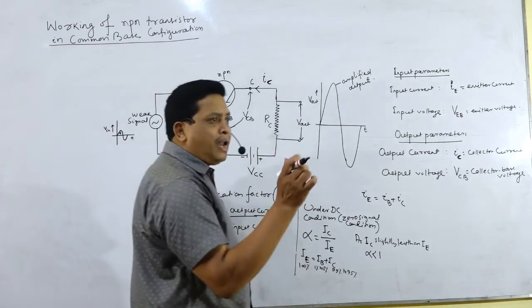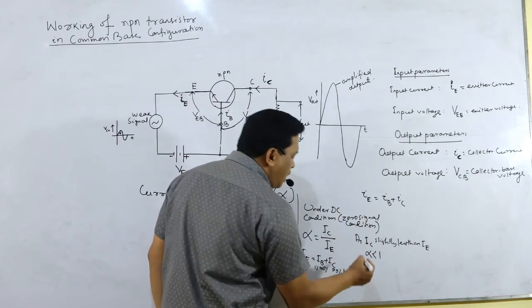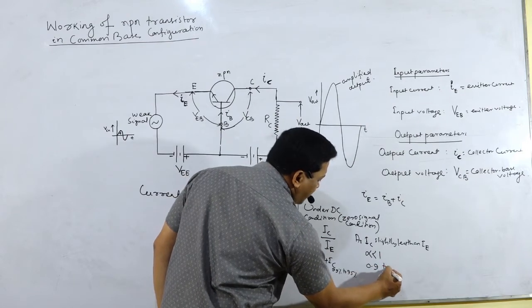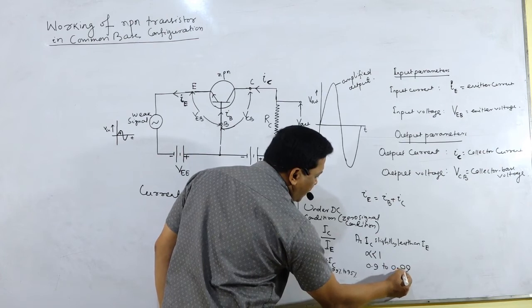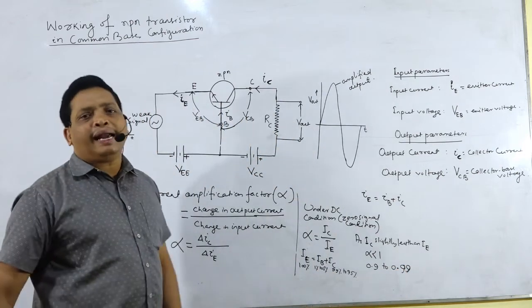And for practical transistors in common base configuration, alpha value ranges from 0.9 to 0.99.